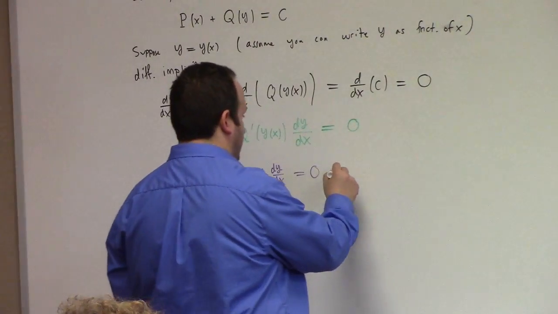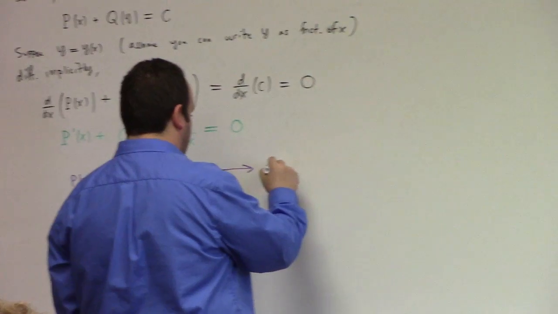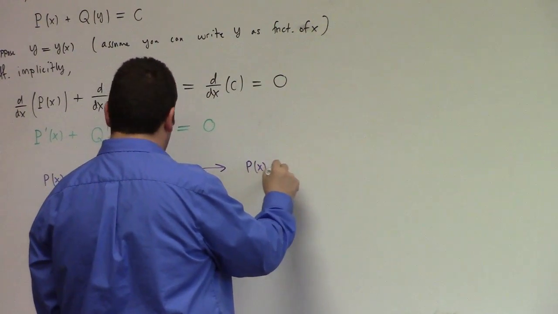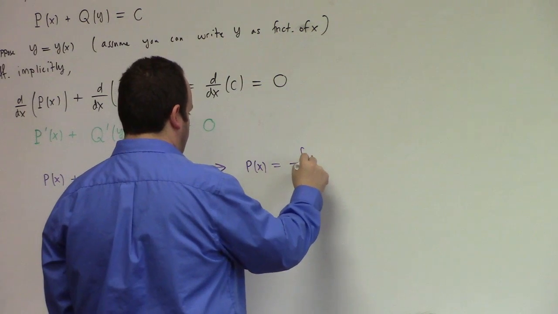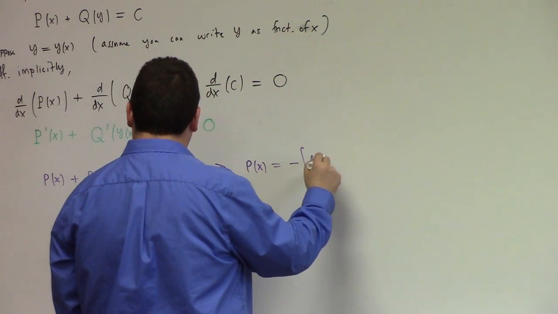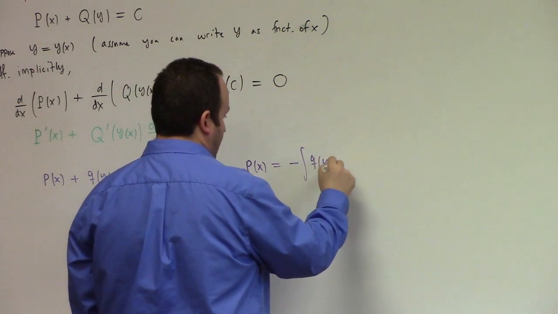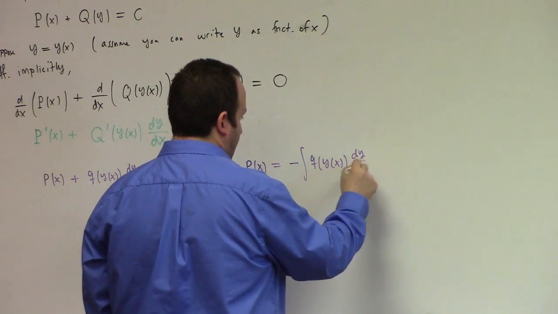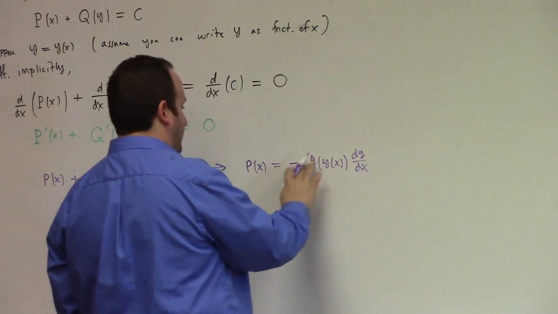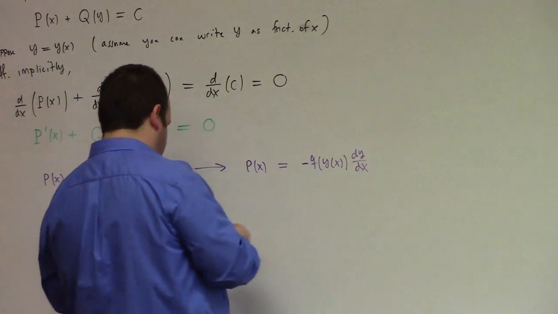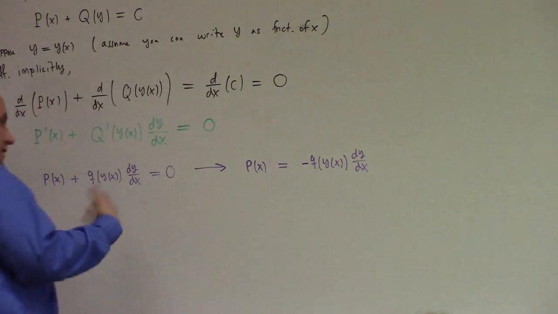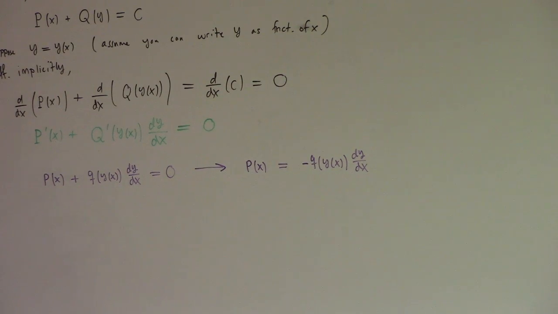Let me go one step different than the book. So we have p of x is equal to minus q of y of x times dy/dx, right? But then my point is, we could integrate both sides with respect to x, right?